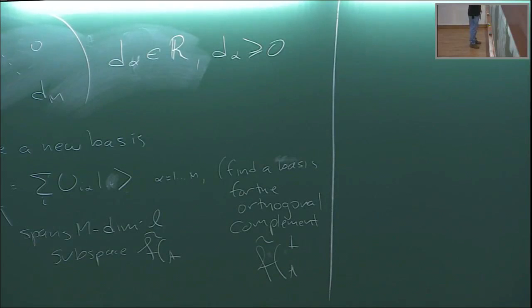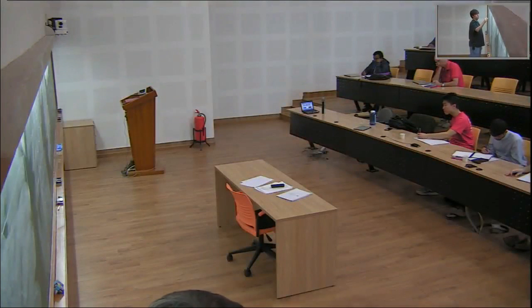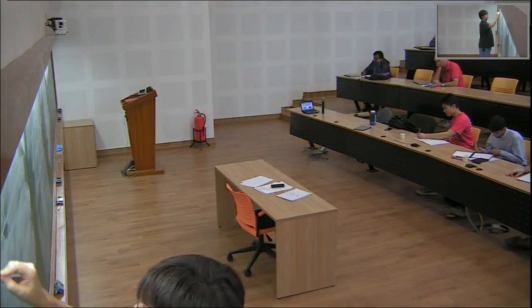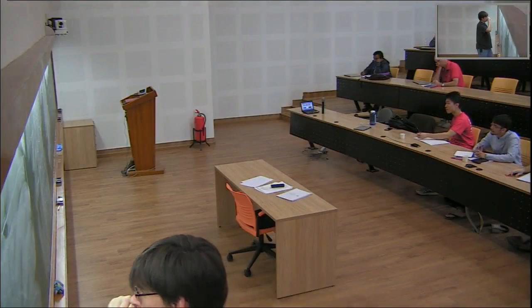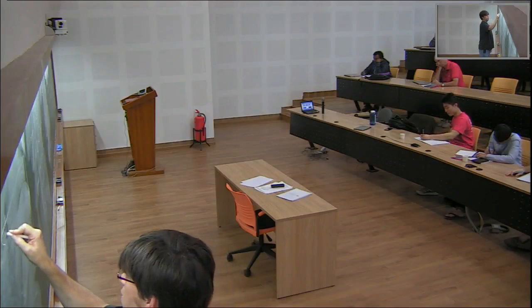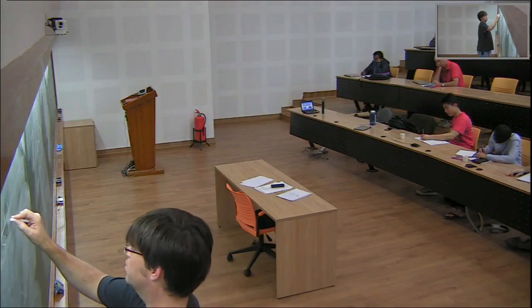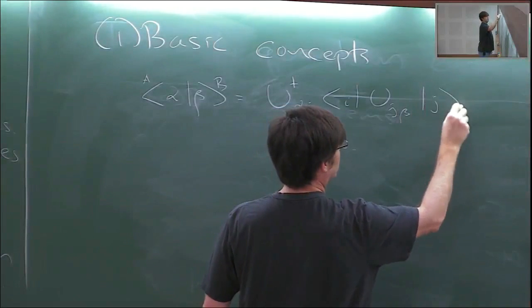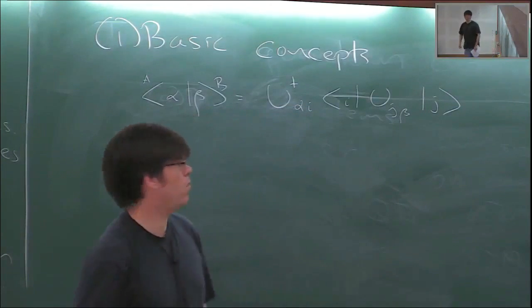So if I write <alpha_A|beta_A>, well, this is going to be U dagger_alpha i U_j beta <i|j>, where again I've summed over all repeated indices.